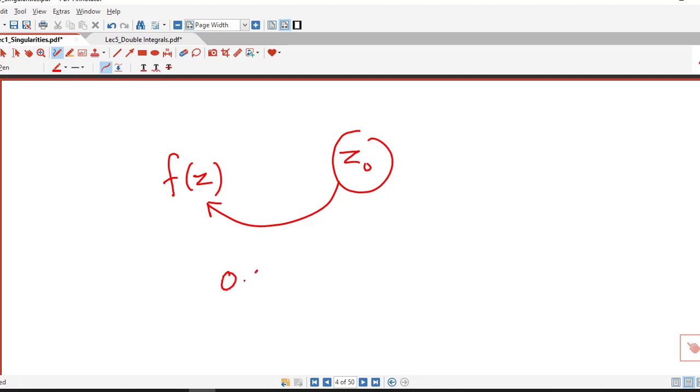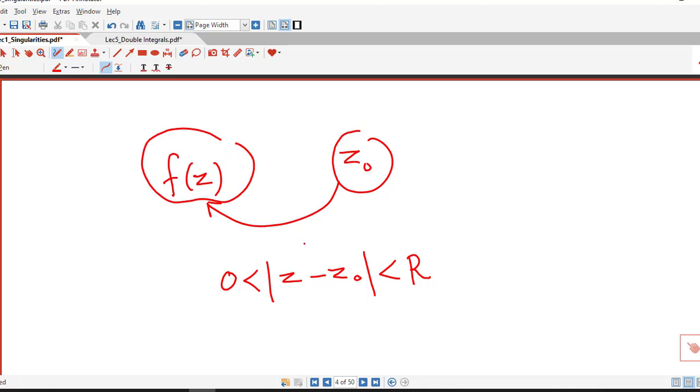Then if there exists a deleted neighborhood of this point z0, say 0 < |z - z0| < r, in which this function f(z) is analytic, then z0 is called an isolated singularity of f(z). So f(z) has an isolated singularity at z = z0 if there exists a deleted neighborhood of z0 throughout which our function is analytic.